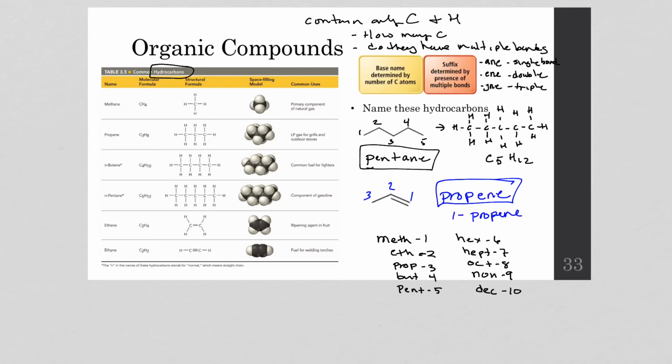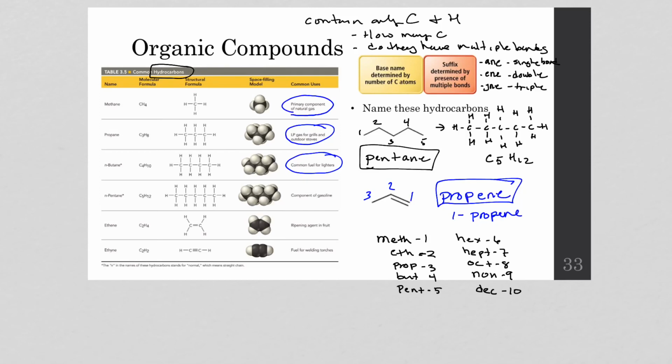If we look back at the table here, we can see some of these more common ones, and you've come across these in lots of different ways. Methane, propane, butane, these are all basic types of fuel, whether they're used in natural gas, so heating your house, propane used in gas grills, butane common in things like lighters.